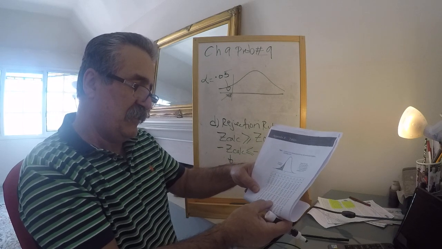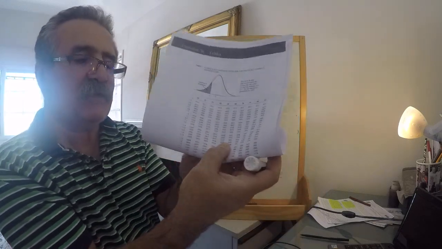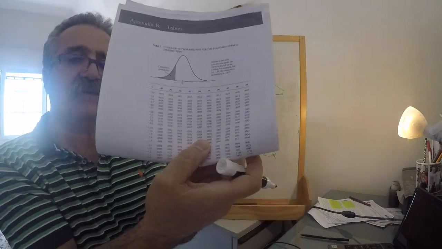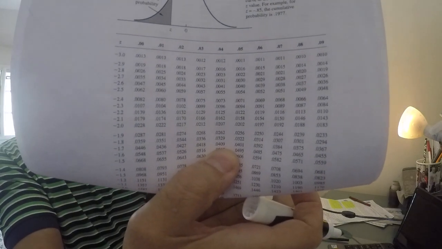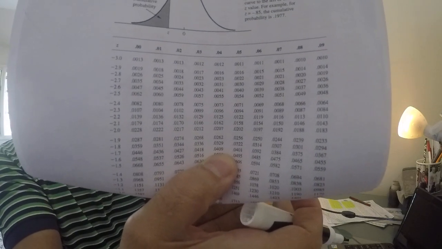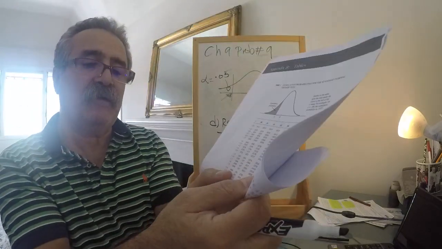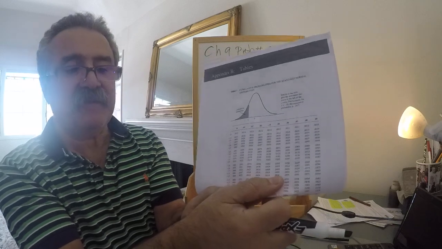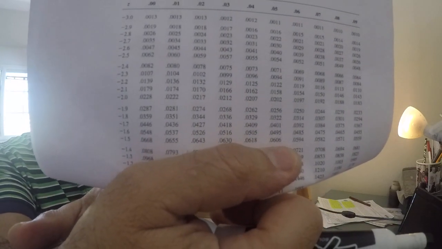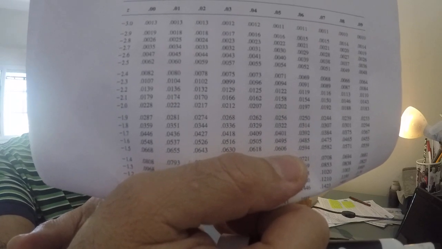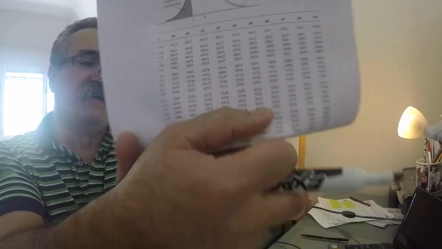This is what we have: those two values, 0.0505 and 0.0495.